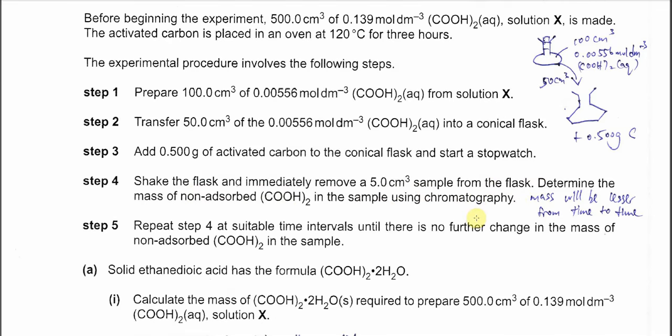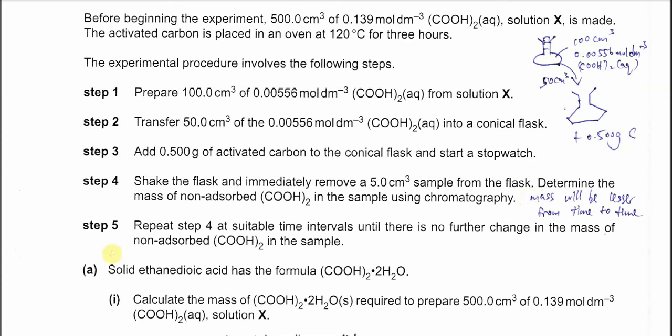So from this procedure, we should know that the mass of the ethane dioic acid will get lesser from time to time because it's being adsorbed by the activated carbon. So the activated carbon will take the acid from time to time.